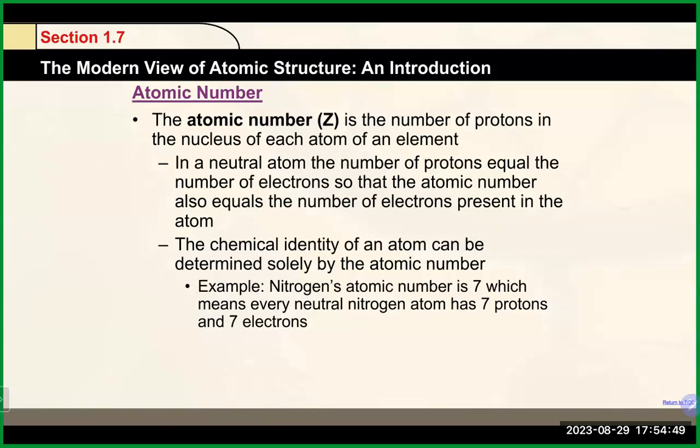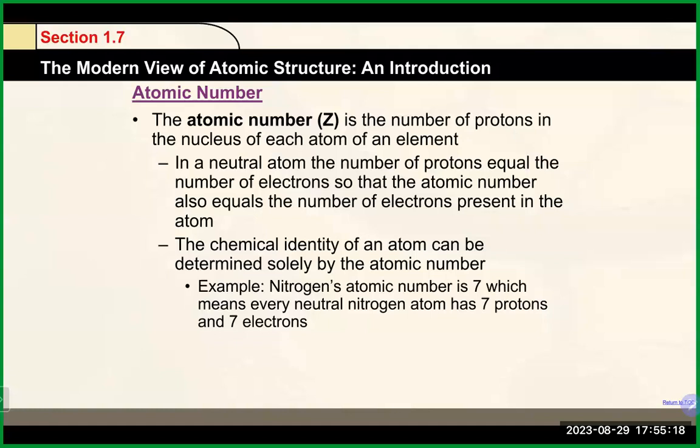There's a very important point here: if you are asked a straight up question of what is the definition of the atomic number, the definition is just the number of protons. That is the official definition of the atomic number. The number you could get from that is, again, if it is neutral, it will also tell you the number of electrons that are present, so everything balances out. But the actual definition is just protons.